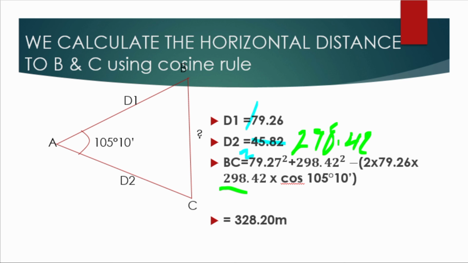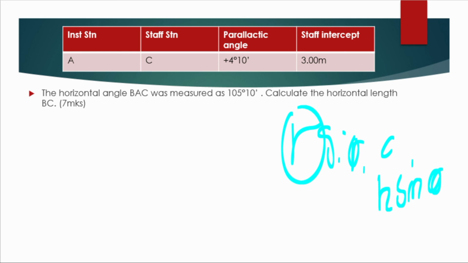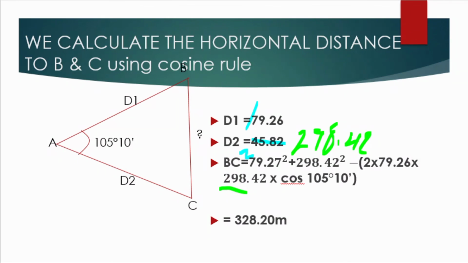On the question, let's go back to the question. We had been given that angle, BAC measured as 105 degrees 10 minutes. That is what we are going to use with a calculator.